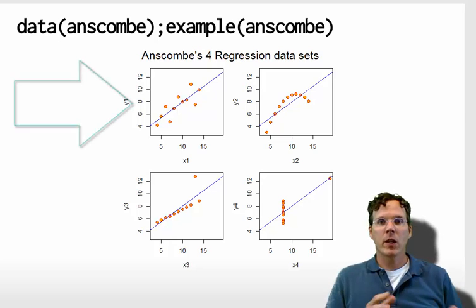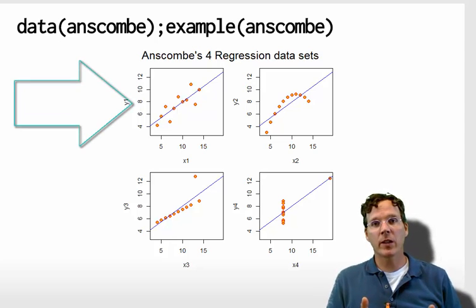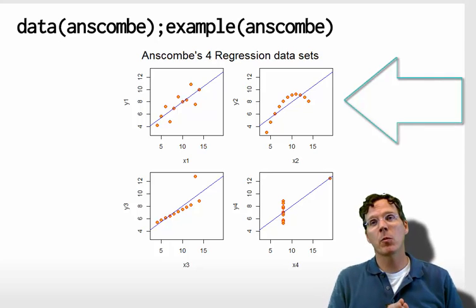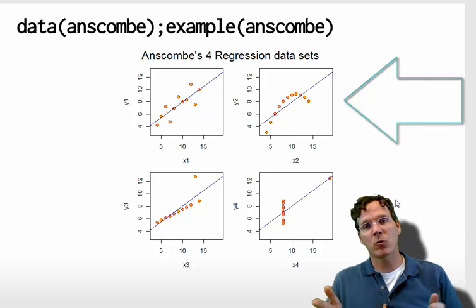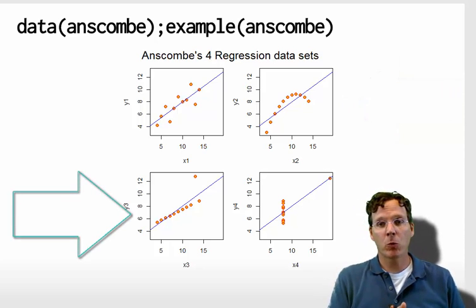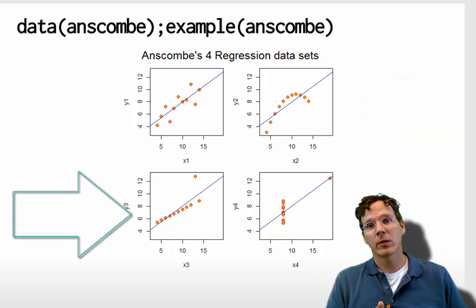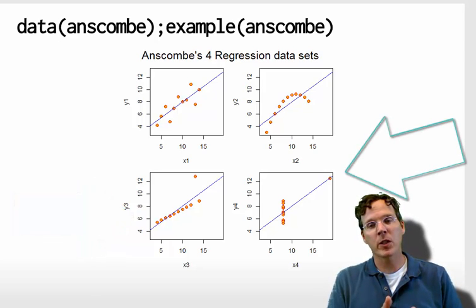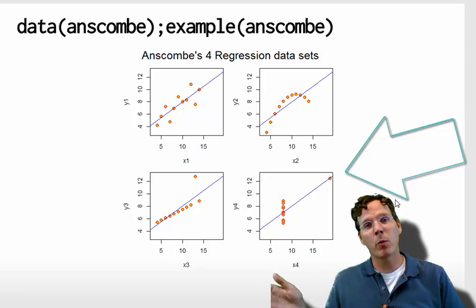The first one is a nice regression line, exactly sort of along the lines of what we think of when we think of just a slightly noisy x-y relationship. The second one, clearly there's a missing term in order to address some of this curvature in the data. The third one, there's an outlier. And in the fourth one, all the data is stacked up at one particular location, and then there's one point way out at the end.